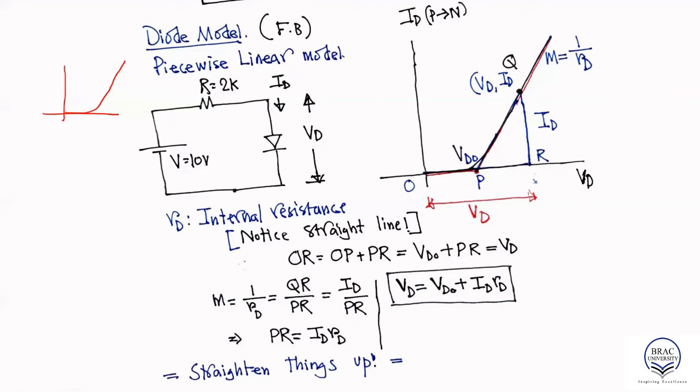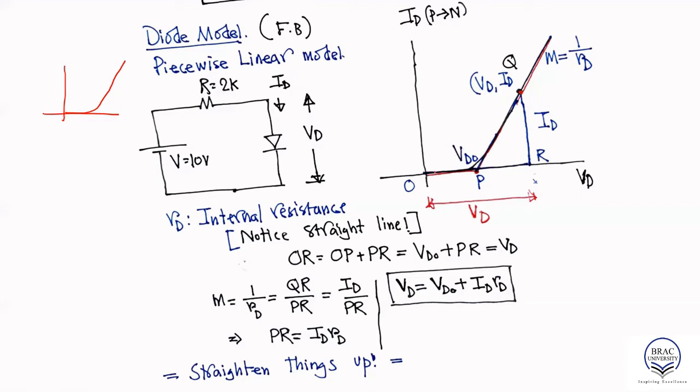On the curve, this is the value of voltage and current for that circuit. And we call this the Q point. And this curve is the IV characteristics curve, the black line, which is the real IV characteristics.